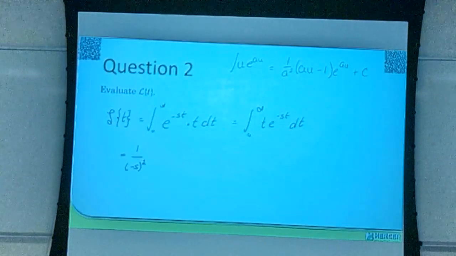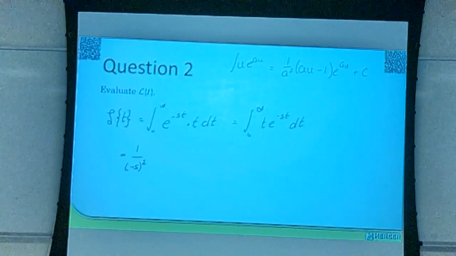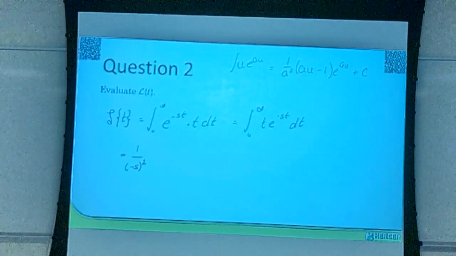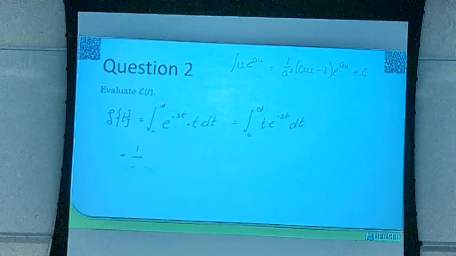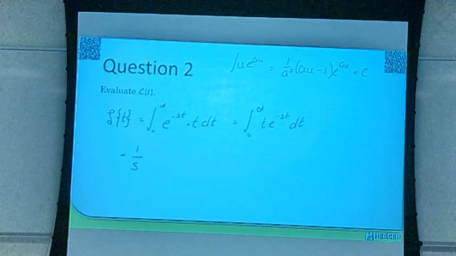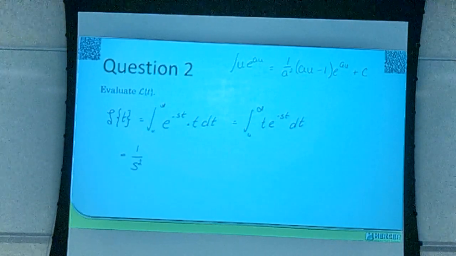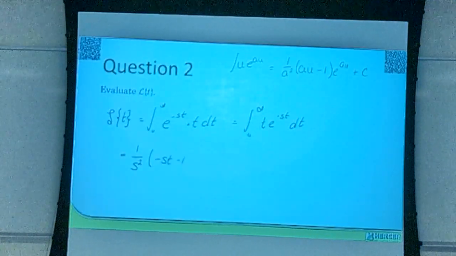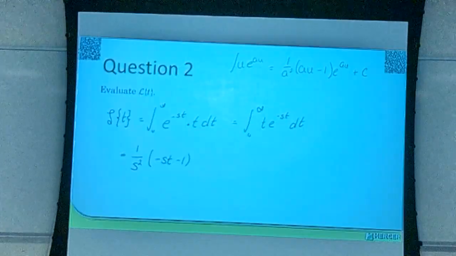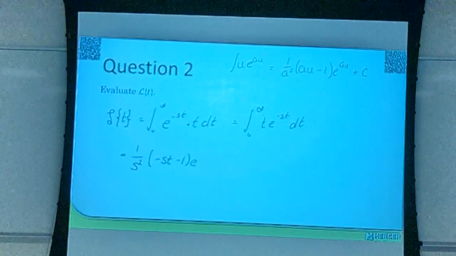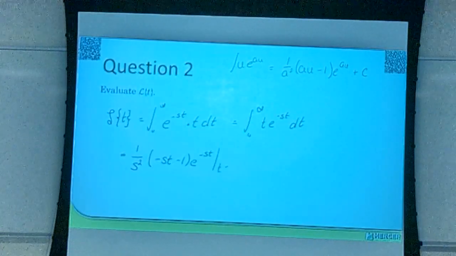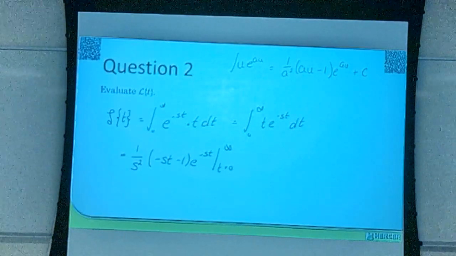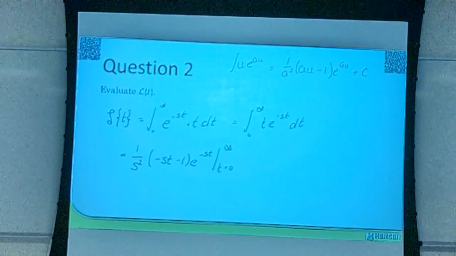Plus a c, but not c. A is negative s, right? U is t. 1 over s squared times negative st minus 1 times e to the negative st, evaluated from t equals 0 to infinity.